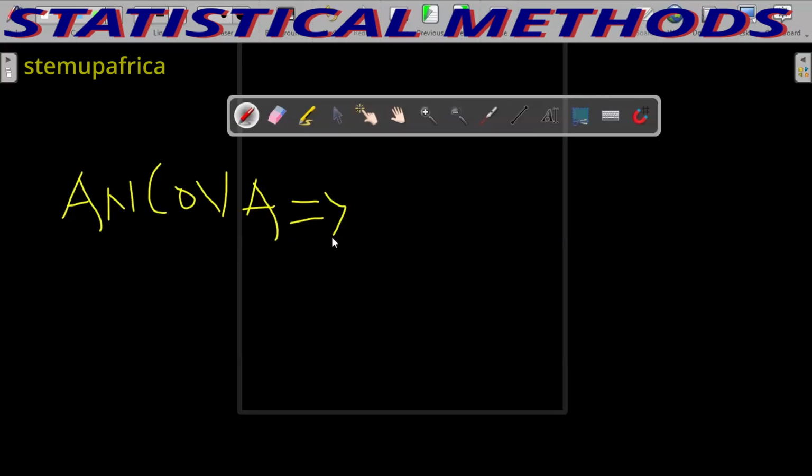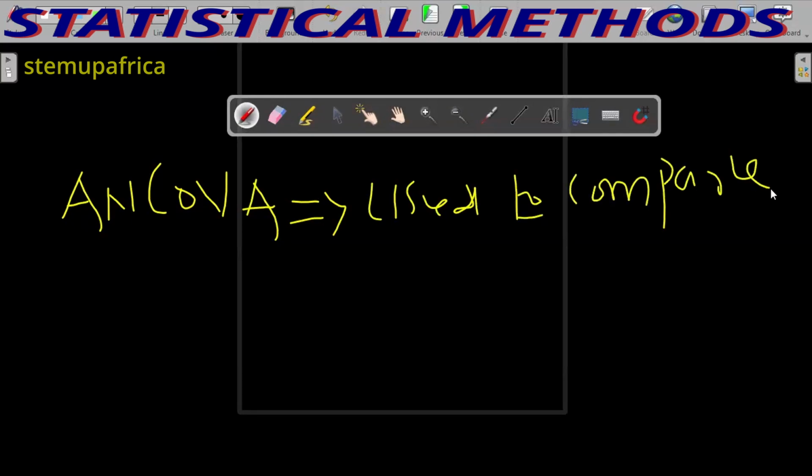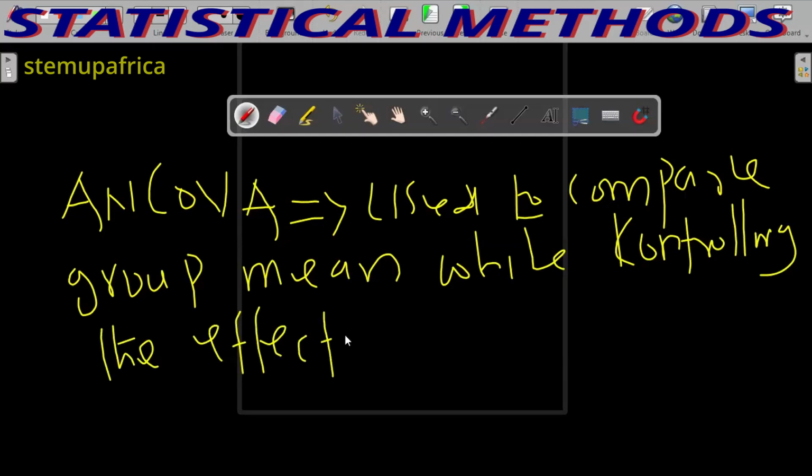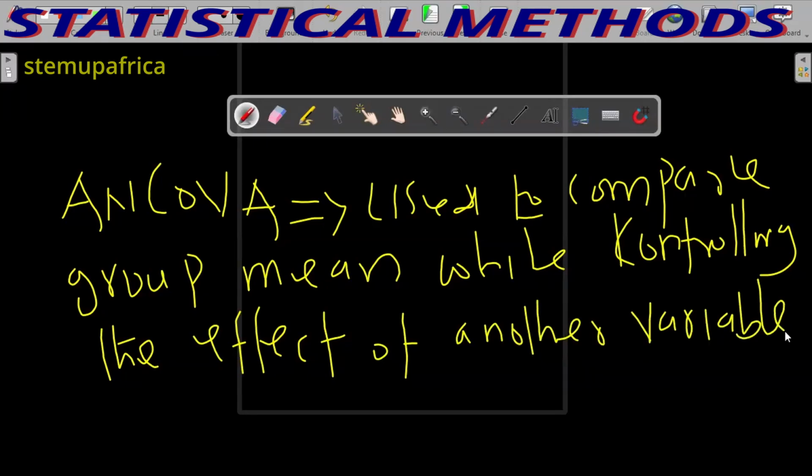ANCOVA is used to compare group means while controlling the effects of another variable. That is what the ANCOVA is used for.